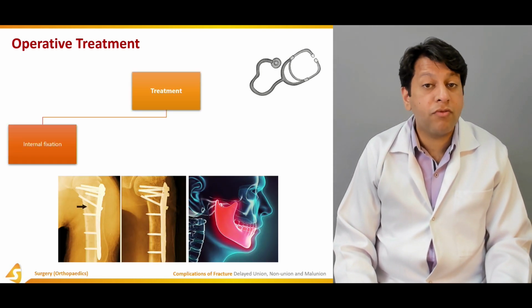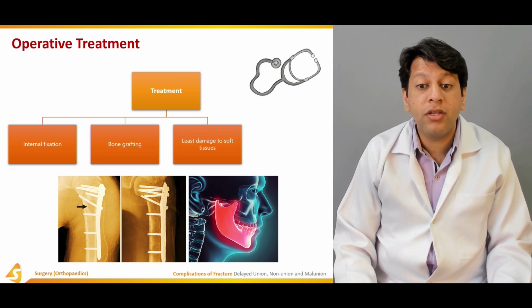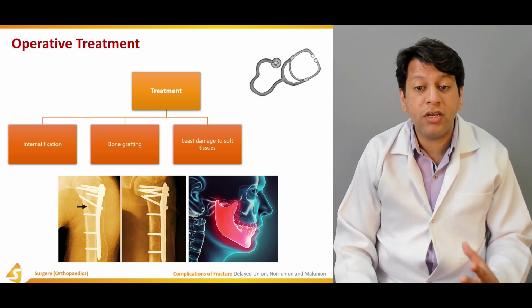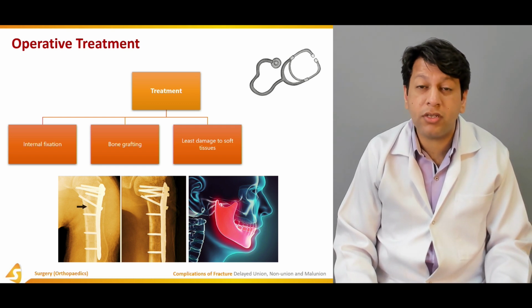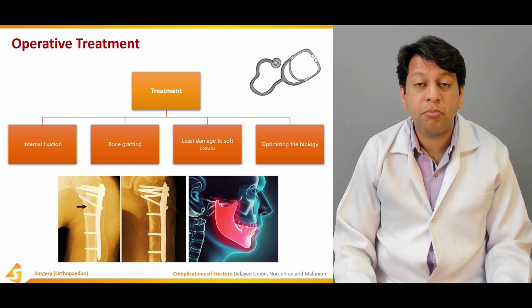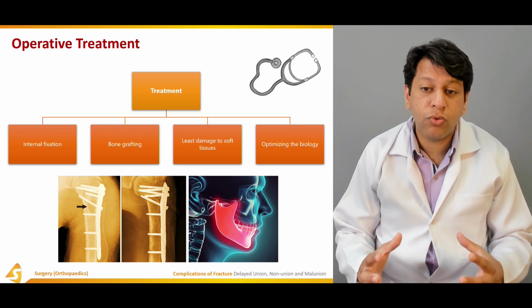It could be in the form of internal fixation with bone grafting. When we are doing this kind of internal fixation, we need to remember to do the least damage to the soft tissue, especially periosteal stripping, which needs to be minimized, and optimizing the biology, for example the biomechanical stability of the joint and the bone, is important.